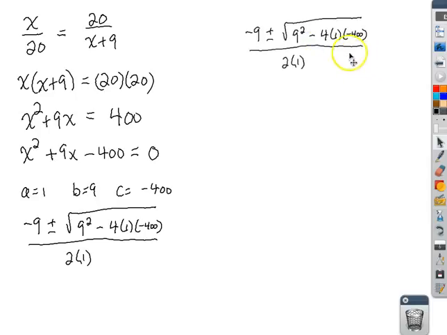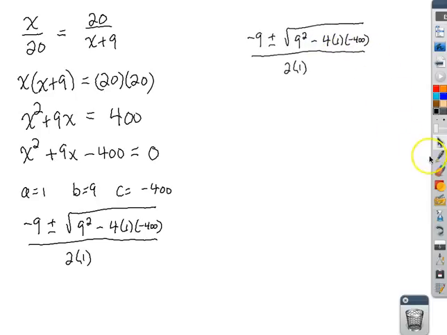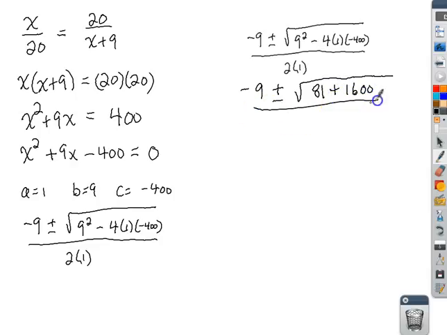So I'll move that up to here to where I've got some room to work with it. So that's negative 9 plus or minus the square root of 9 squared, which is 81, minus 4 times 1 times negative 400, which is plus 1600, all over 2 times 1, which is 2. So that's negative 9 plus or minus the square root of 1681 all over 2.